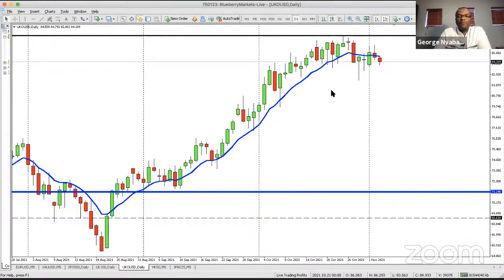Crude oil, I kind of spoke about this before. It broke a major trend line. You can see just how strong the market was after breaking out above the high of last year. But the reason I'm not trading this is that now on the daily, we're in a trading range. It's a major trend reversal alert.